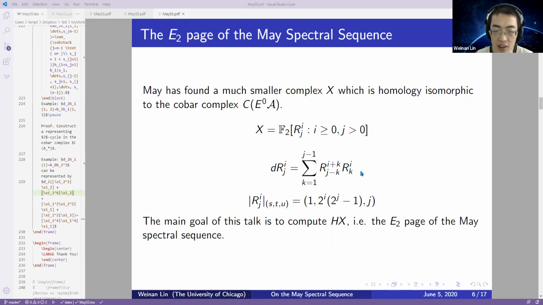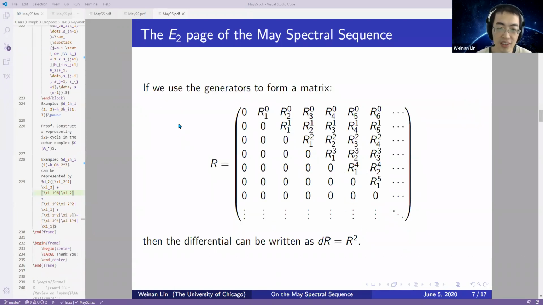One helpful way to remember this is that we put these generators into a matrix: the upper index stands for the rows, so that's the 0th row, first row, second row, third row. And the lower index stands for the diagonal lines: the first diagonal line, second diagonal line, and third diagonal line.